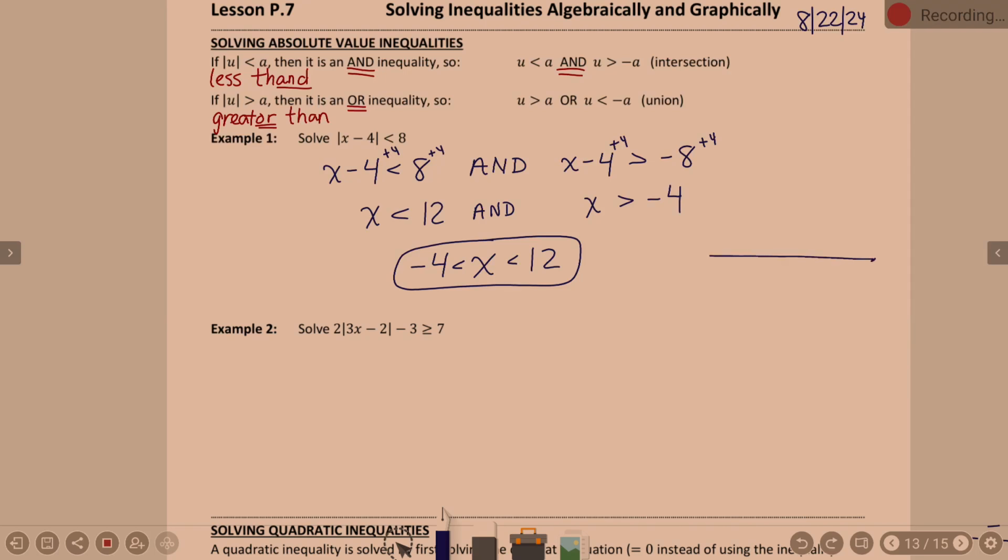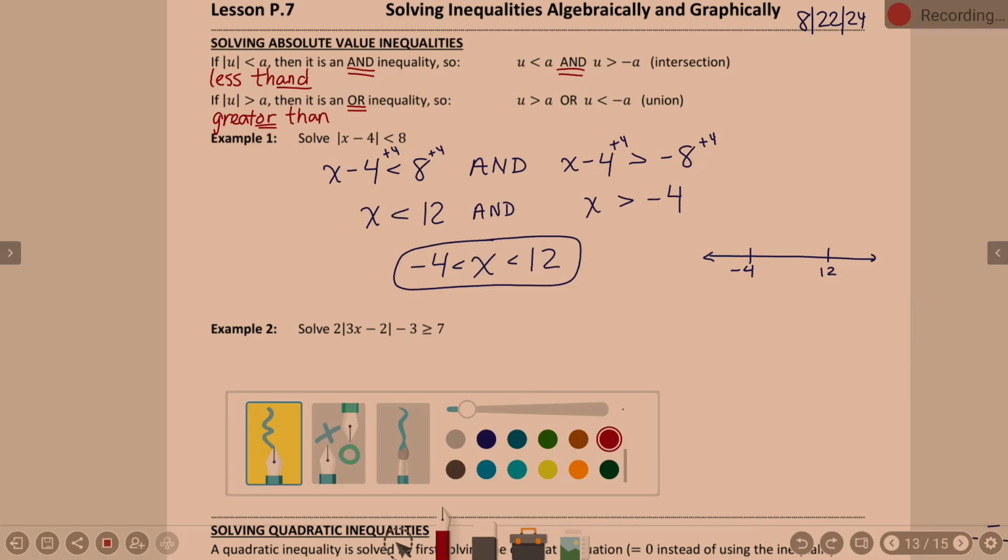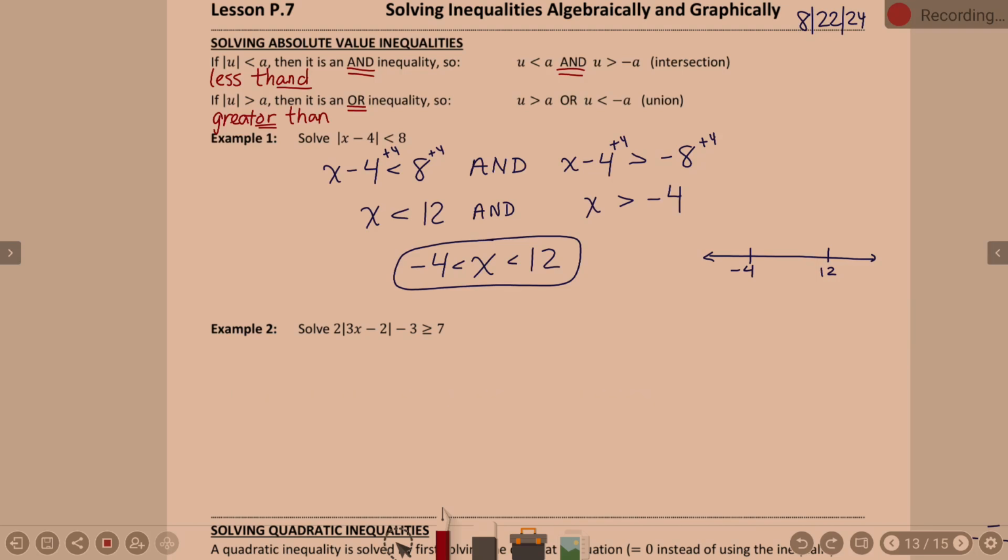It would be -4. What's this graph look like? If it's x less than 12, that goes where? The left of 12, and 12 is going to have a parenthesis.